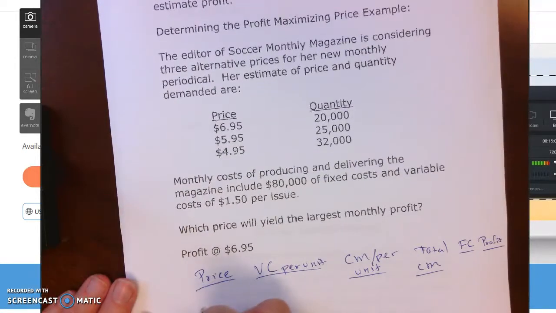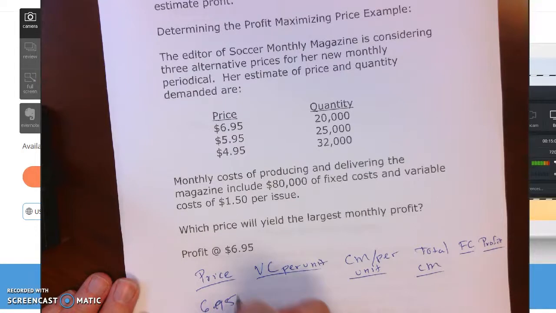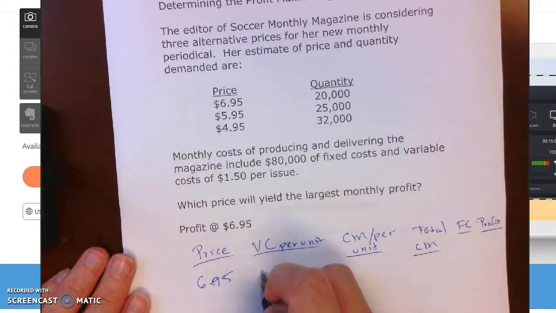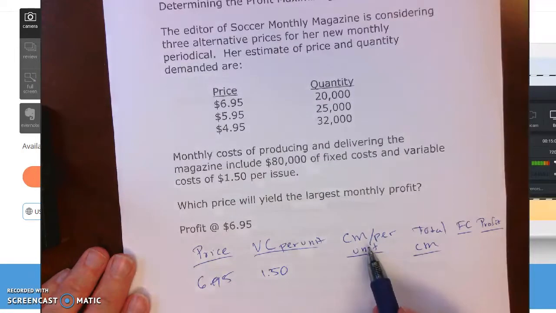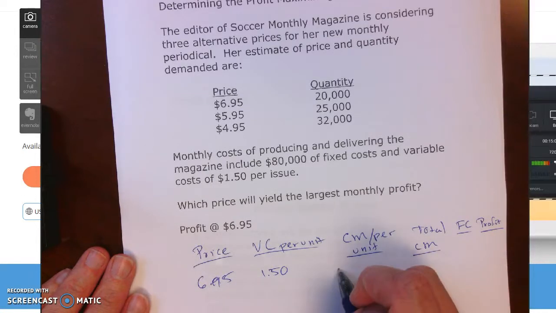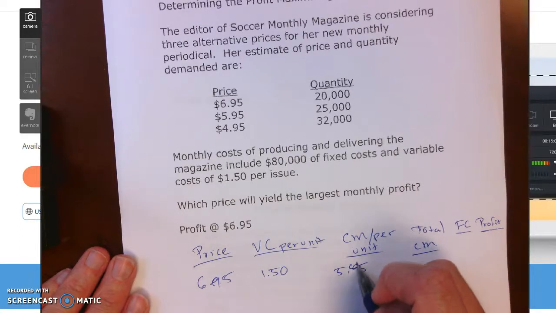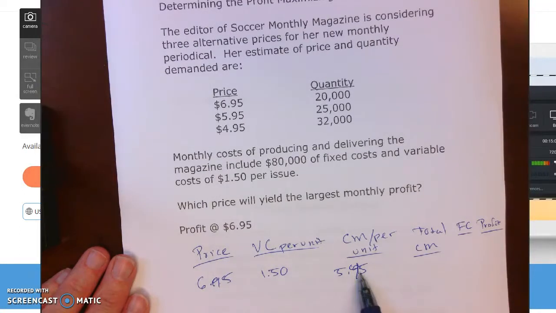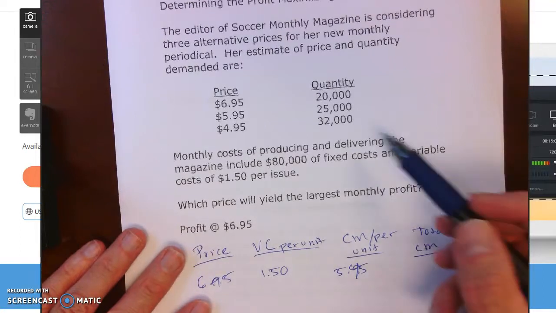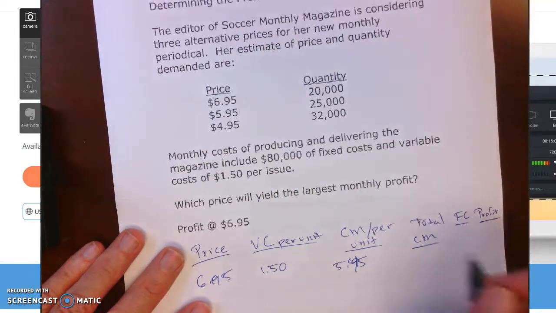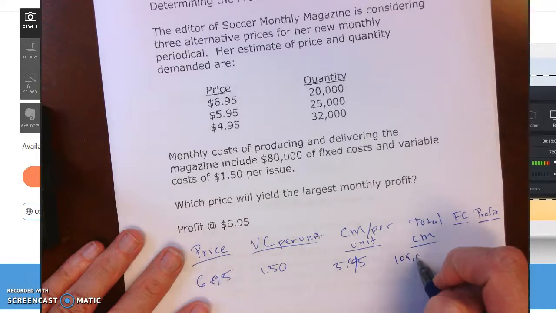So recall, here's our price, $6.95, and our variable cost per unit is $1.50. The way we calculate contribution margin is price minus variable cost, which gives us $5.45 right here. Then we can multiply $5.45 times our quantity, which gives us our total contribution margin of $109,000.